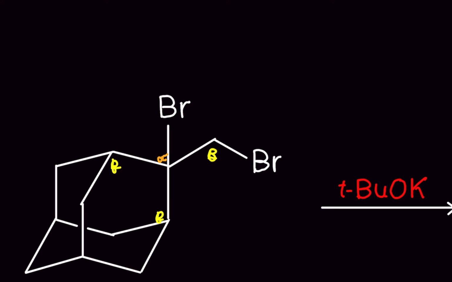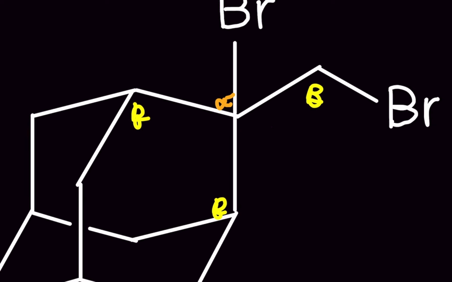Just take my word for it. It isn't. 99.9% of the time, it's too small. So it is actually illegal for a double bond to form inside a ring like this. So it's not allowed due to Bredt's rule. He's long dead, but you know.